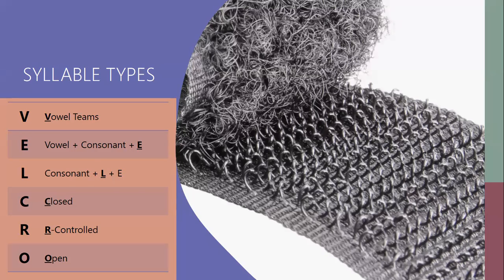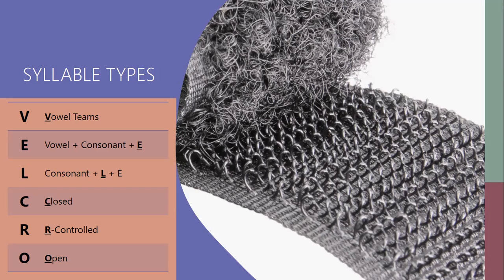So syllable types. This is one I've seen before, but it is also highlighted in Really Great Reading. They use the acronym VELCRO to help remember all the six main syllable types we have in English. As you can see, there are vowel teams, the vowel plus consonant plus E, also known as the silent E, magic E. I've heard it called the strongman E because he bullies everyone.